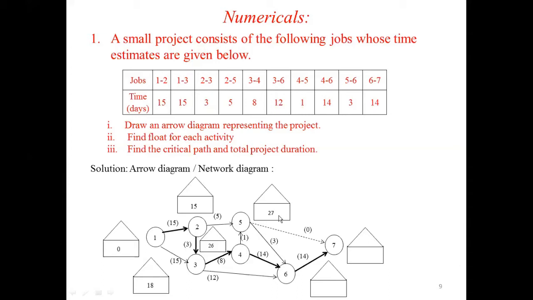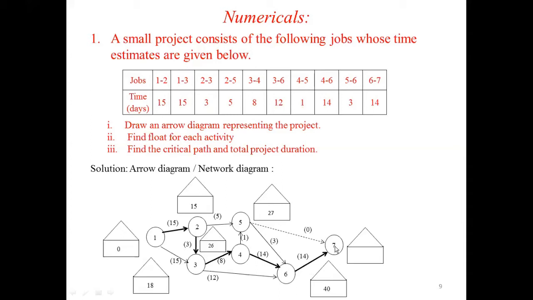This is the maximum value you have to enter at each node in the rectangular block. Similarly, for node 6, you have two arrow marks, from the 5th node and the 4th node. If you take from the 4th node, 26 plus 14, we will get 40. Suppose we consider node 5, 27 plus 3, we will get only 30. And hence you write the maximum, that is 40.